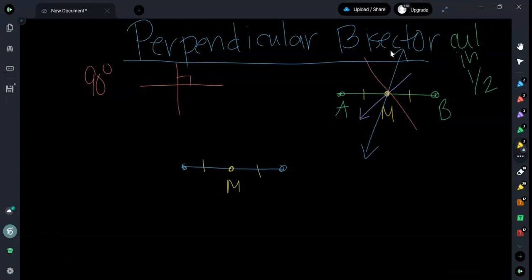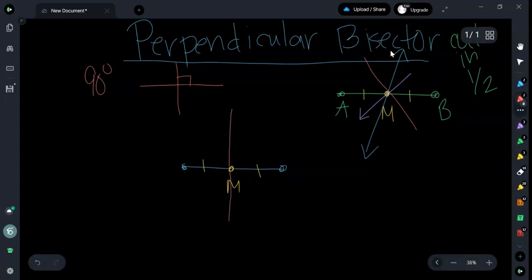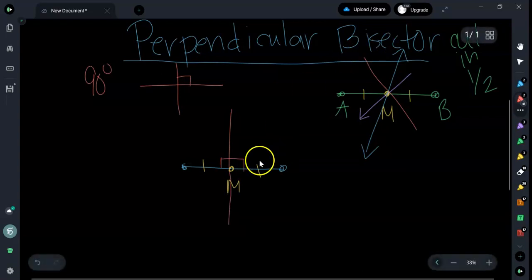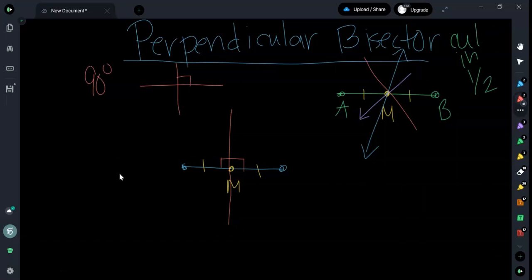If I were to draw a perpendicular bisector, I have to draw a segment, line, or ray that not only goes through this midpoint, but also intersects that segment at a 90-degree angle. That is why it's called a perpendicular, that's the 90-degree element, bisector, that's the bisecting element, cutting it in half. So that's what a perpendicular bisector is. It is a segment, line, or ray that cuts another segment in half.